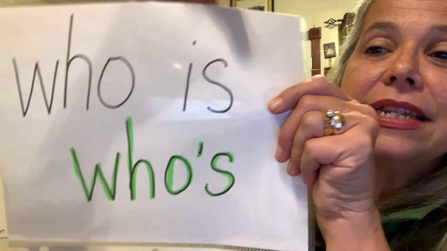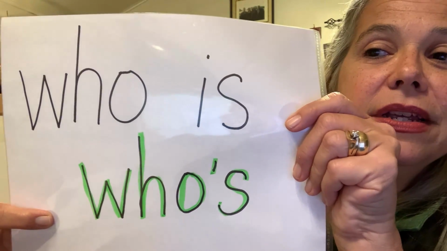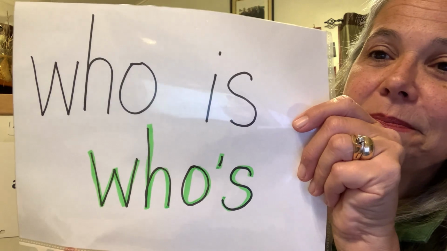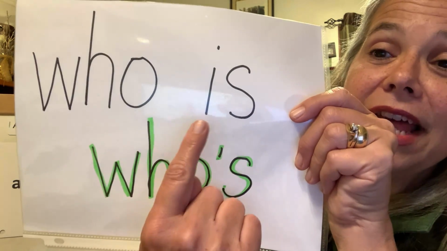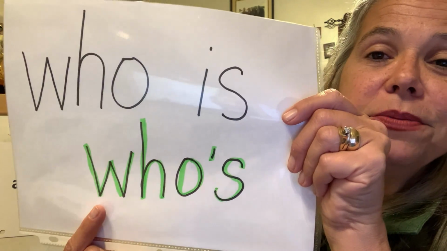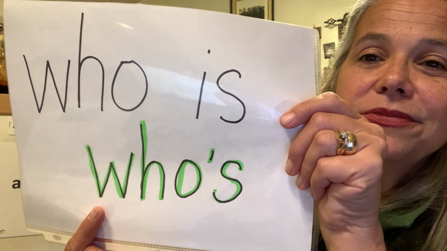Let's look at our second contraction. We have who is, and it makes who's. And that apostrophe right there means that a letter or letters is missing. What letter is missing? Right, the letter I. So who is turns into who's. Good job.